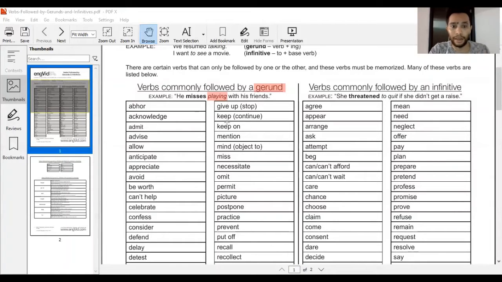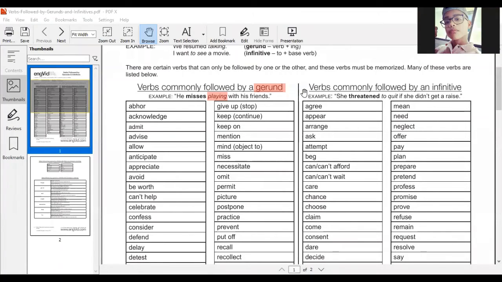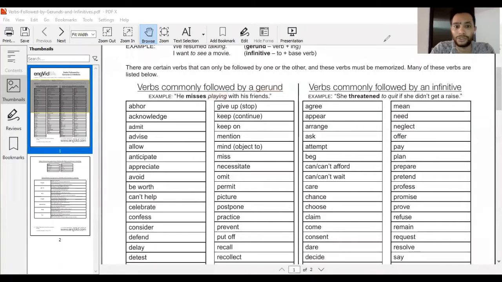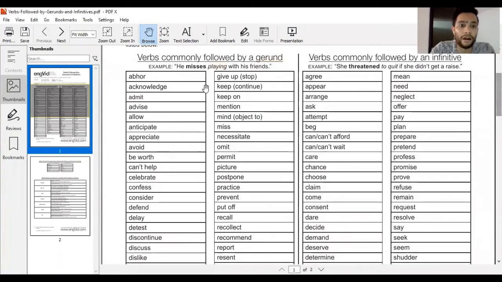So that's what I mean by this. So which are those verbs that take on this pattern? They are abhor, acknowledge, admit, advise, allow, anticipate.